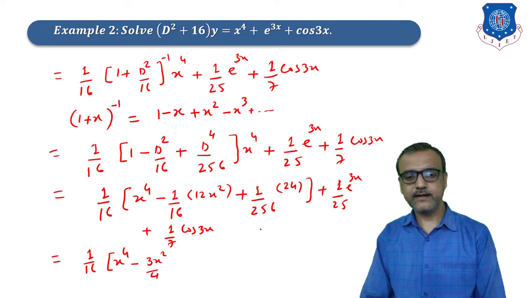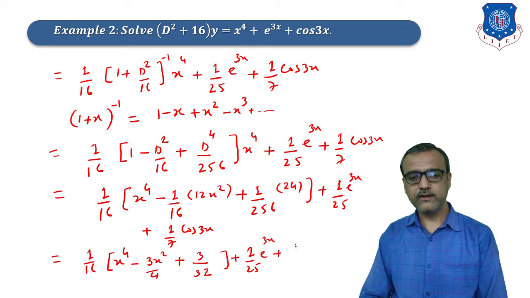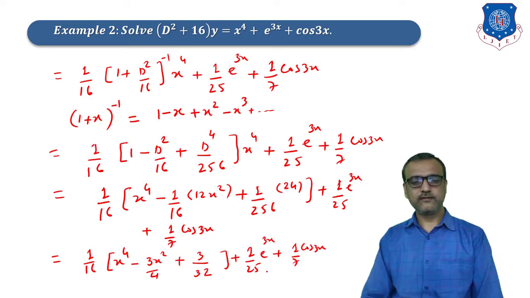Now divide 24 by 8, you will get 3, and divided by 2 raised to 5, that is 32, and these two terms will be as they are, that is 1 over 25 e raised to 3x plus 1 over 7 cos 3x. So this is the required PI.